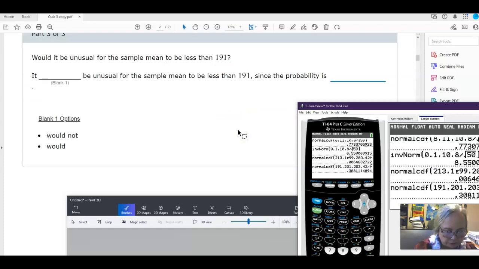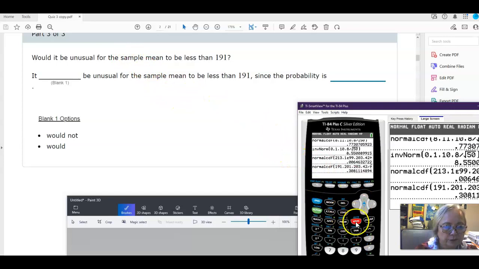Would it be unusual for the sample mean to be less than 191? The unusual event is an event with probability less than 0.05. So first we need to calculate the probability of the event that the sample mean is less than 191.